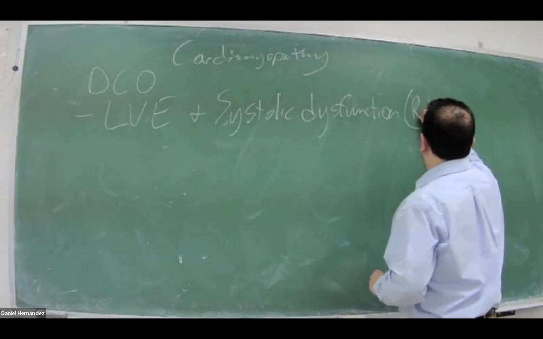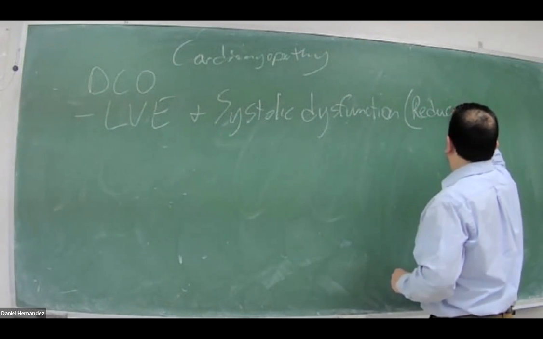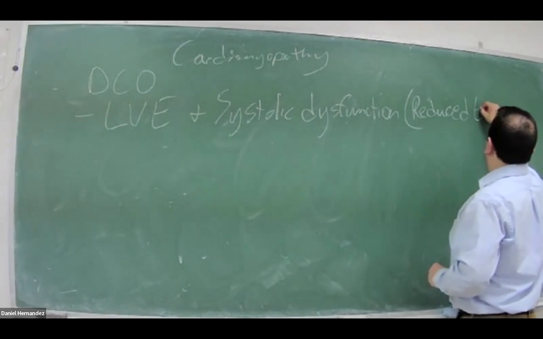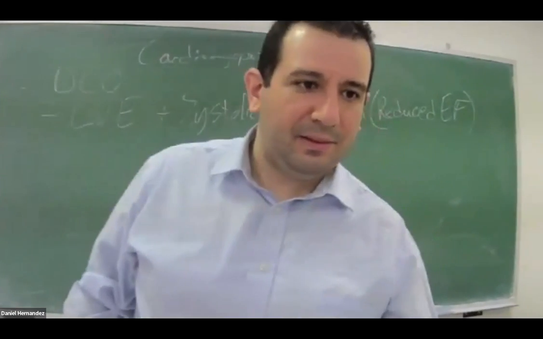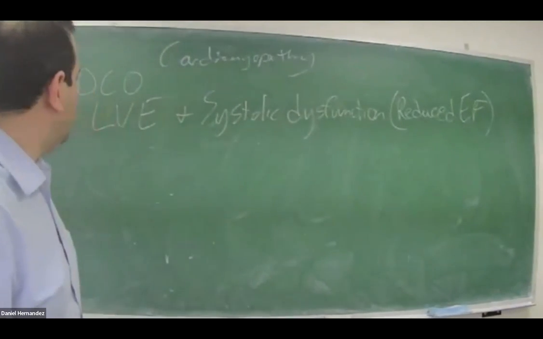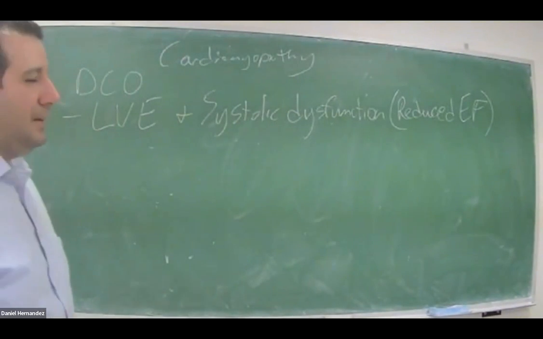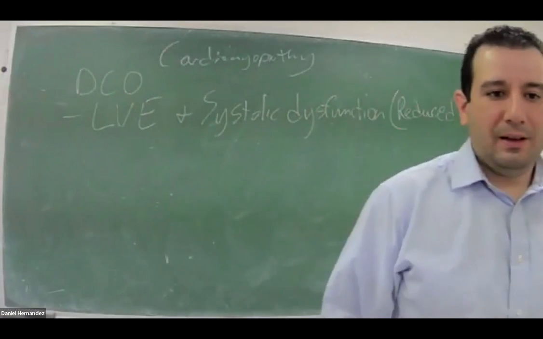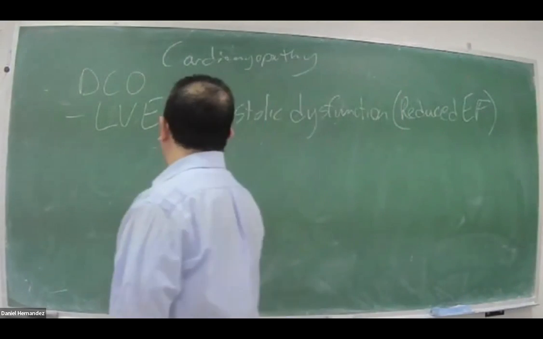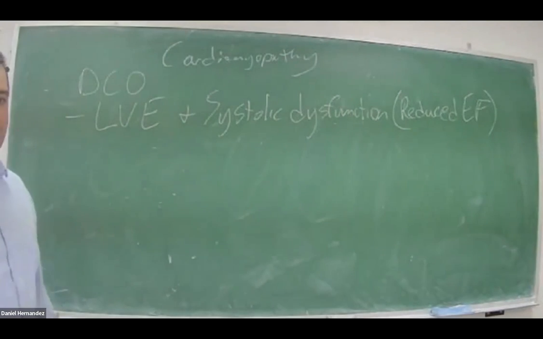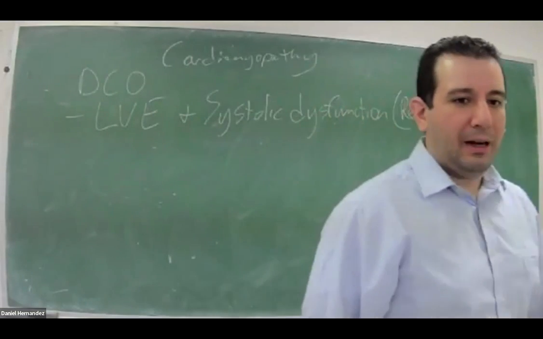That's reduced. Yeah, this patient has to have a bad ejection fraction. So we need a big dilated left ventricle and a reduced EF. Those are your primary characteristics that define dilated cardiomyopathy.